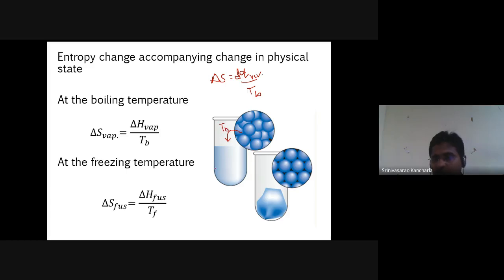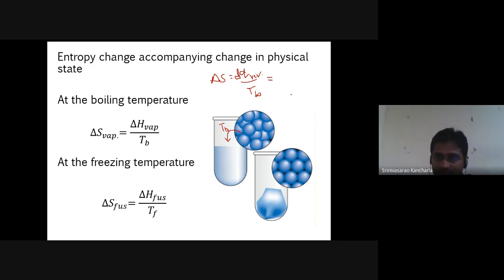In that case, the entropy change due to the change in phase can be calculated, and that is called delta S of vaporization. Whenever you do a reaction or any phase change at constant pressure, the enthalpy definition applies. Enthalpy is the energy supplied at constant pressure.